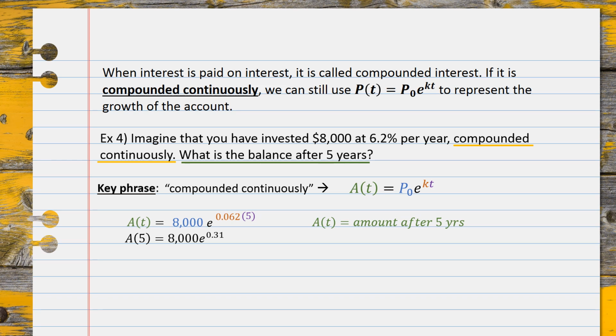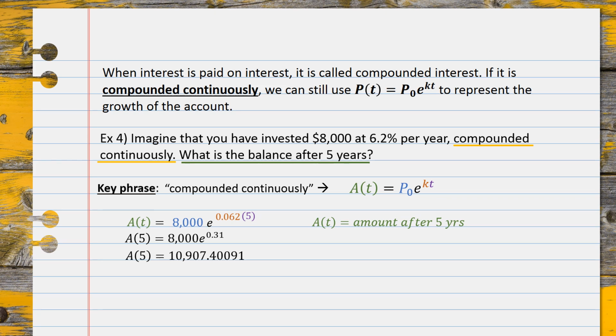From here, there's nothing else we can do, so we now pick up the calculator and let it do the calculations for us. Take a moment now to do that. Hopefully you found the result to be 10,907.40091.